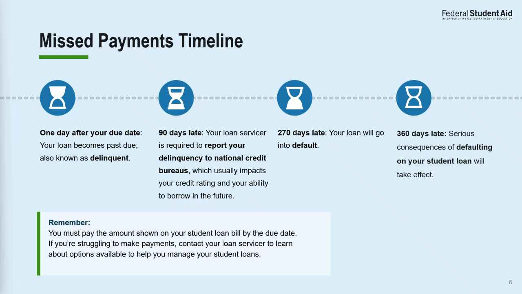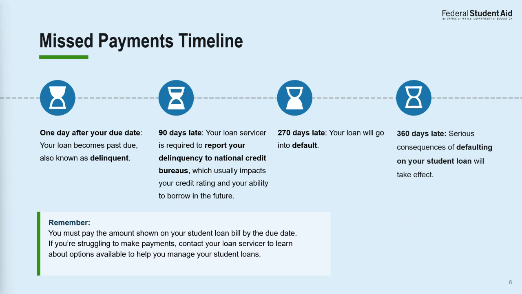Then phase 3, if you still have not made any payments or any progress, or have not called your loan servicer to make an arrangement, then at 270 days late, you will now go into what is called default. Default is when a lot of the consequences start to appear. And lastly, our fourth phase.